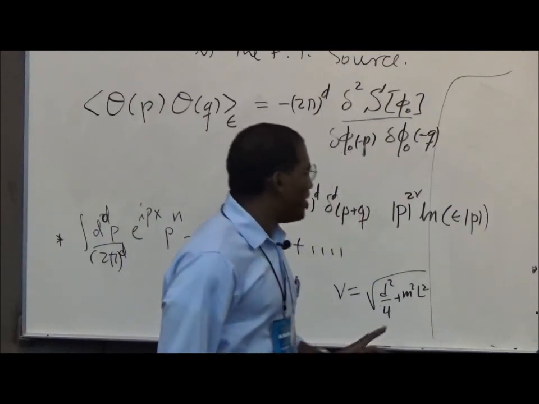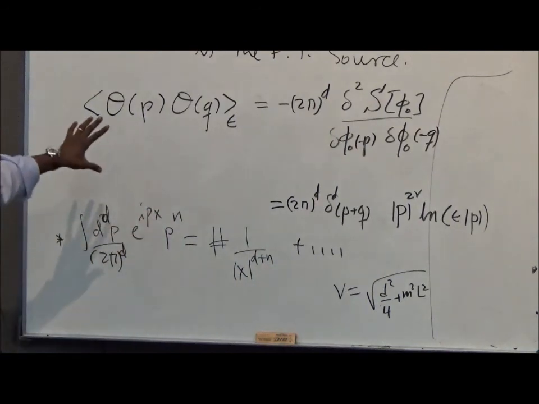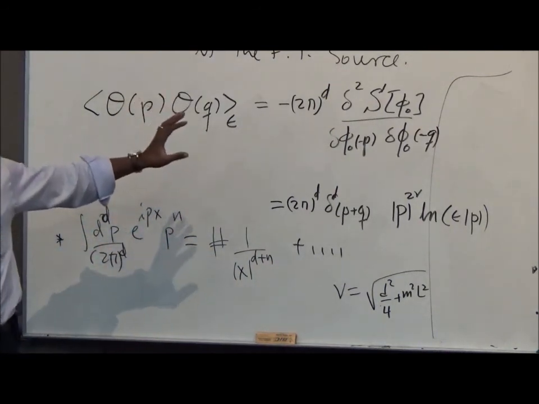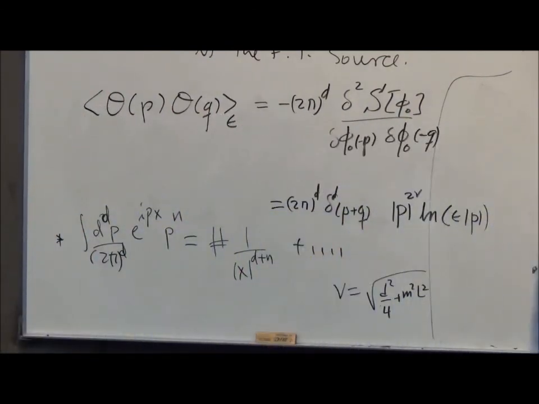Okay, I know it might not look very impressive, but it should be impressive, right? You are doing some calculation of a scalar field in AdS, and that, with the appropriate prescription, gives you an answer corresponding to a conformal field theory in one dimension lower. Good. So let me put it on this blackboard.